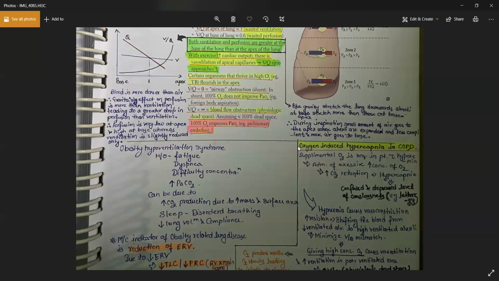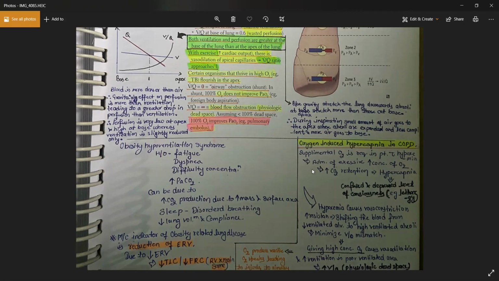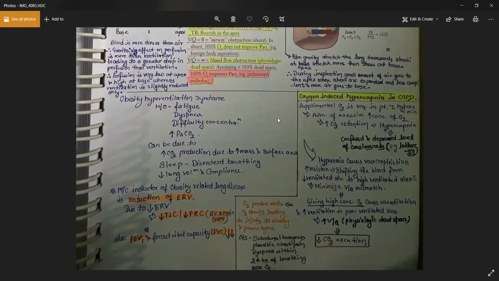You have the bicarbonate, which will be converted into CO2 back again. So again, this will promote more CO2 in the blood. So these two things importantly will cause more CO2 in the blood, which will cause the hypercapnia.